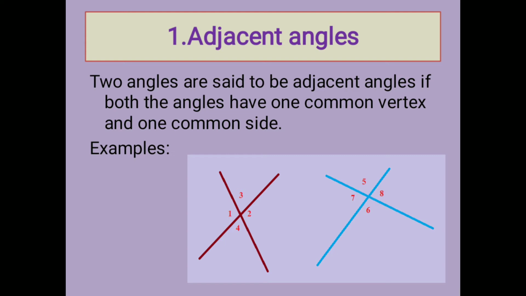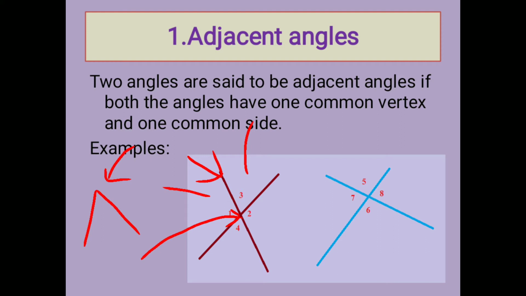If you take angle number 1 and angle number 3, you can see that these two angles have this side common and this vertex common. I guess you know what vertex means. Vertex is any point where two lines meet.